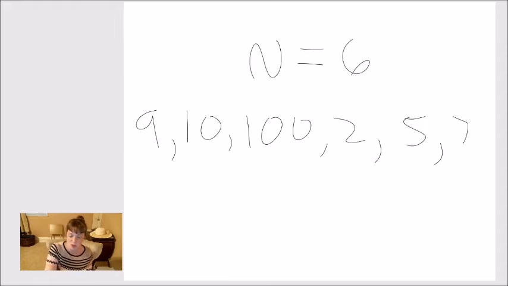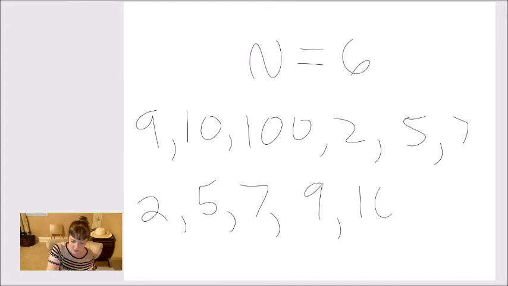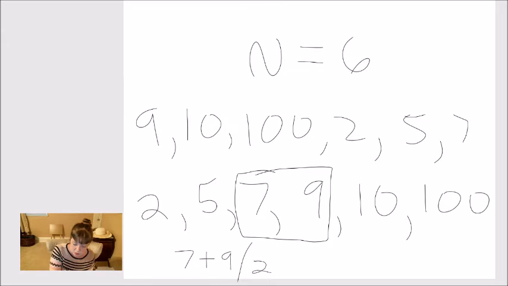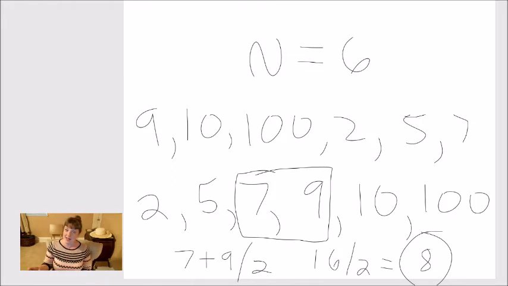So first thing I'm going to do is put them in order: 2, 5, 7, 9, 10, and 100. I find the middle 2 numbers and I simply average them. So the average of 7 and 9 is 7 plus 9 divided by 2. 7 plus 9 is 16. 16 divided by 2 is 8. So in this case, the median is 8.